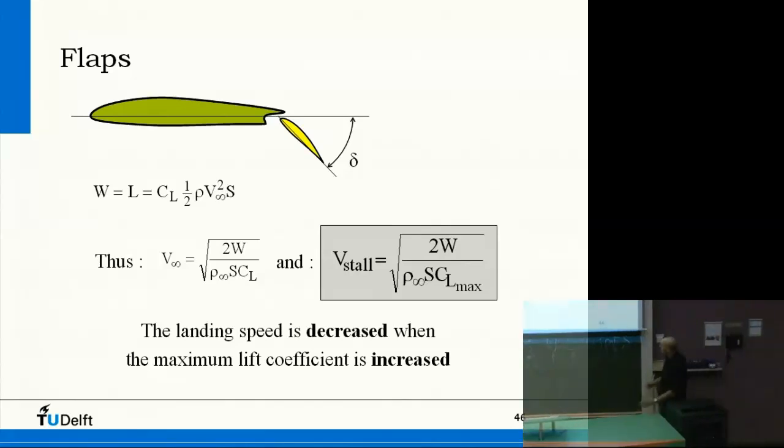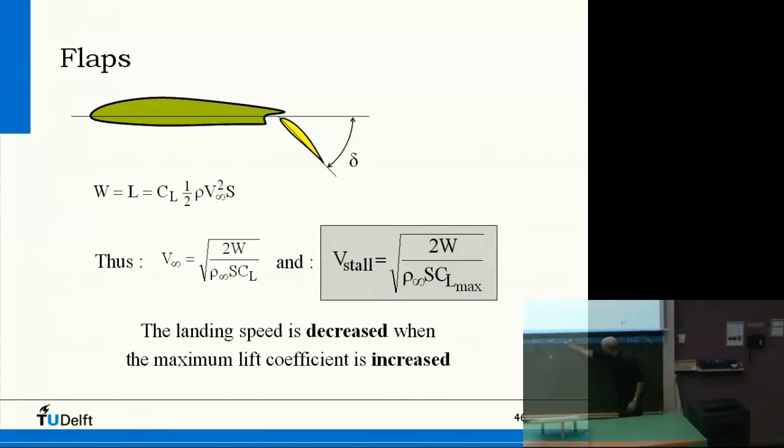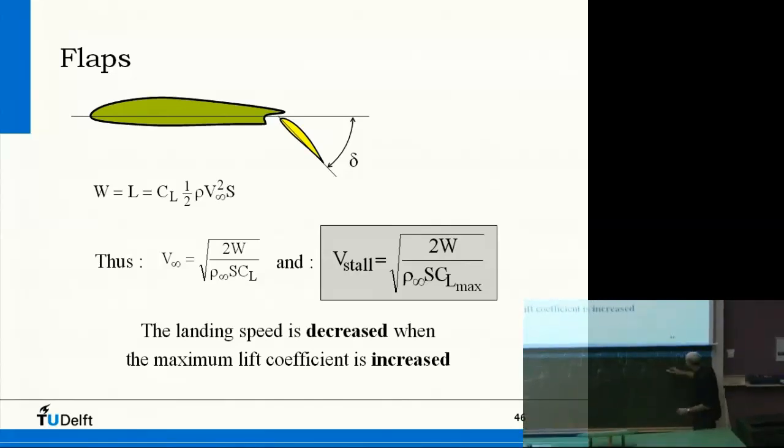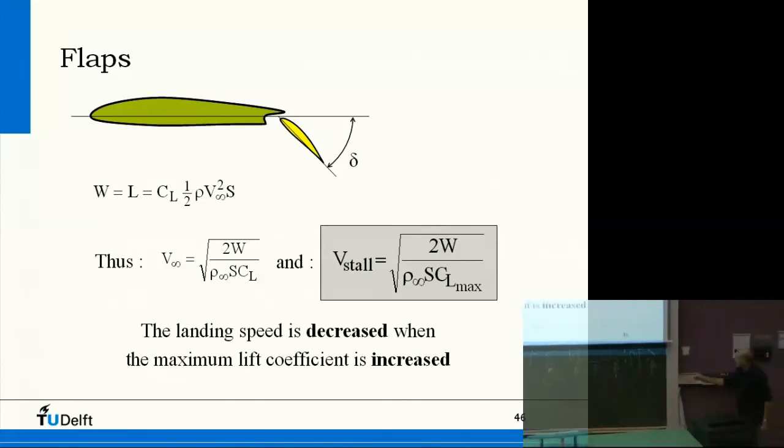So to effectively go down in velocity and keep this more or less balanced, you can change this one, and you can change that one. If you have a fixed wing without any flaps and slats, then S is, of course, also fixed. And then the only thing you can do to counter the velocity going down is to increase the CL.